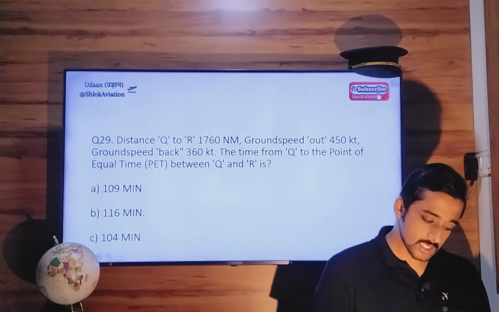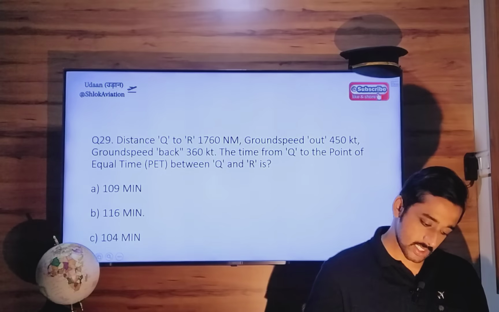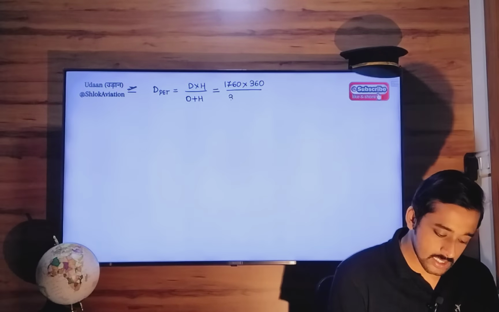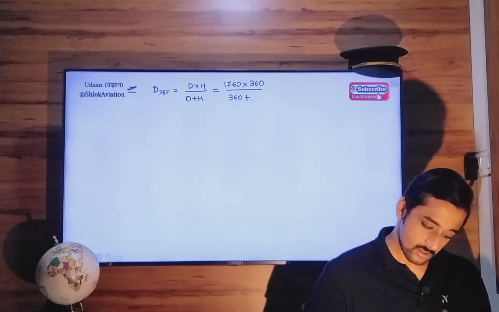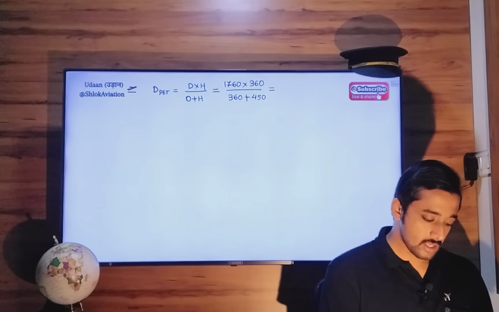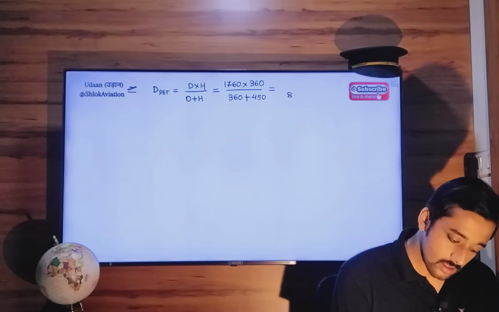So total distance is 1760, homebound speed is 360 divided by 360 plus 450. 360 plus 450 is 810.